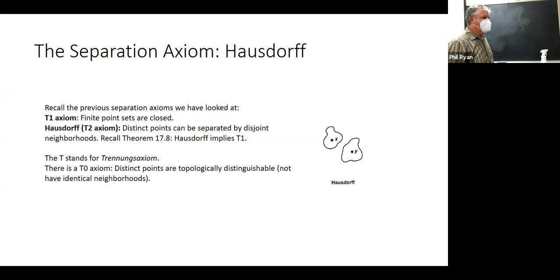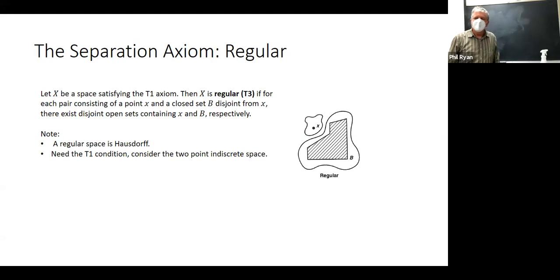Okay, so after Hausdorff, the next separation axiom is regular. Let's say we have a space satisfying the T1 axiom. Then we say it's regular, or T3, if for each pair consisting of a point x and a closed set B, there are disjoint open sets containing x and B respectively.